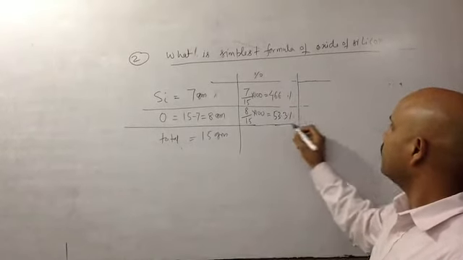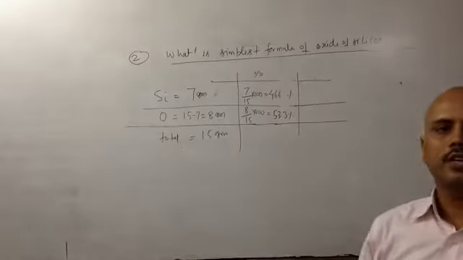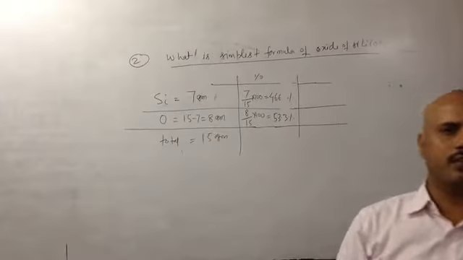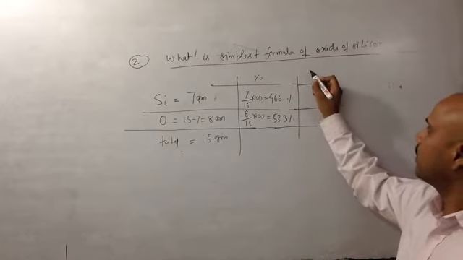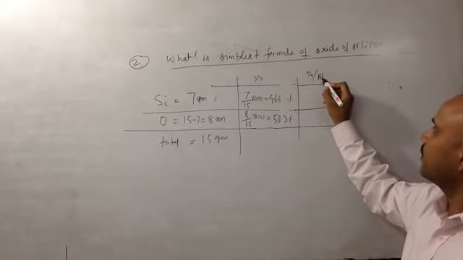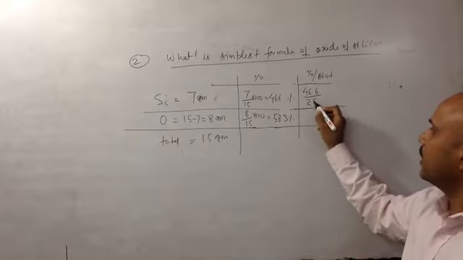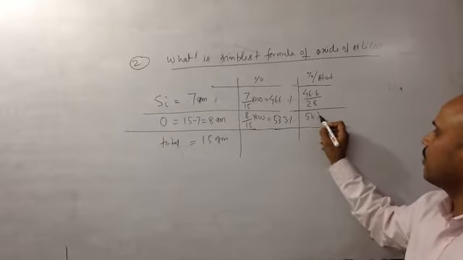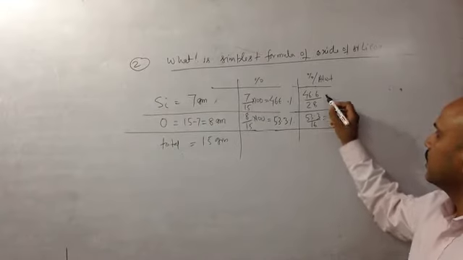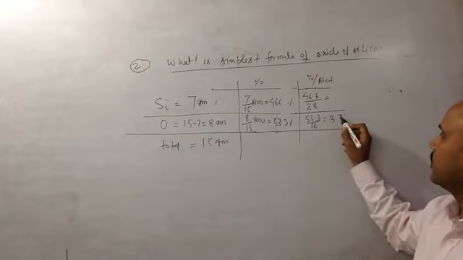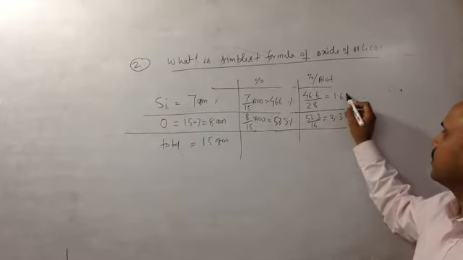Now, if you have the percentage of any element, you can easily find the empirical formula. Divide percentage by atomic weight: 46.6 upon 28, and 53.3 upon 16. It is 1.66 and 3.33.